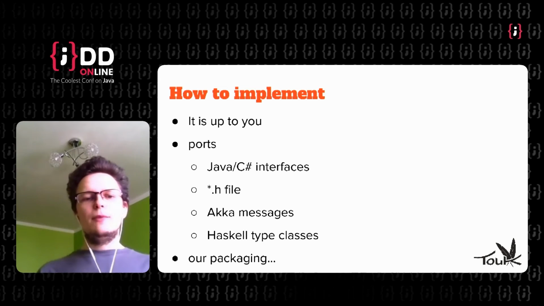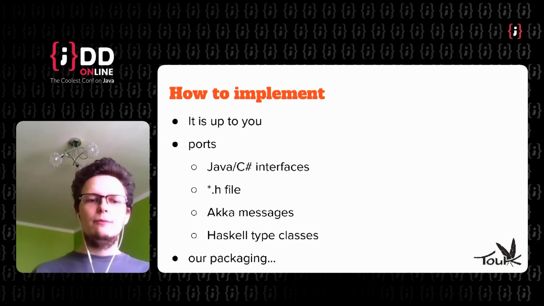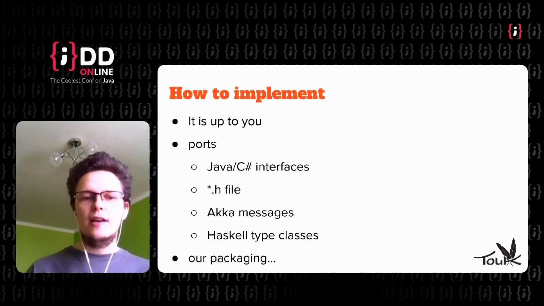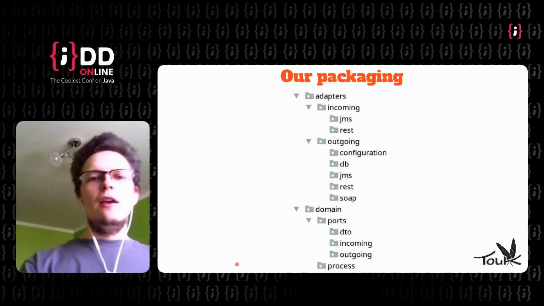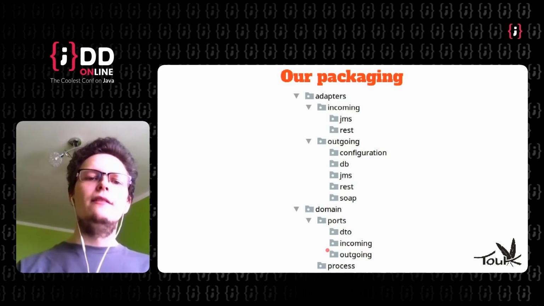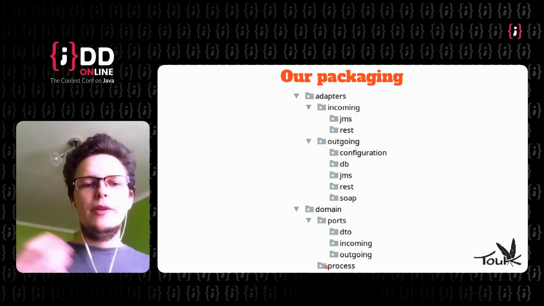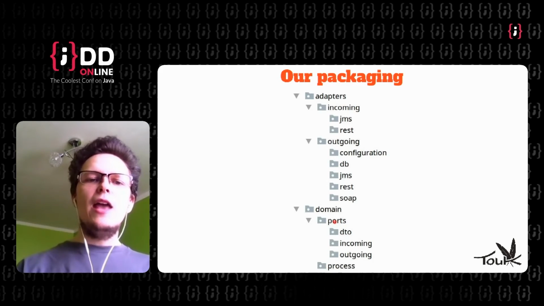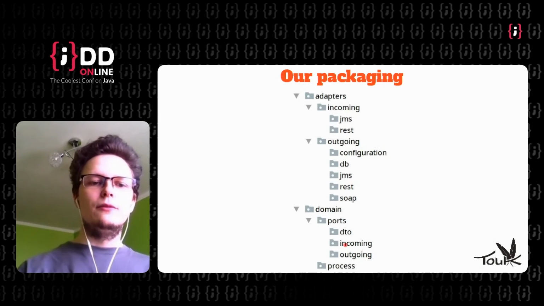And for example, I want to show you our packaging, because packaging is the most important part where we could see the architecture in our application. For example, here, we have our packaging. We have domain. Domain contains some process where we process everything in our domain, and we have ports divided.